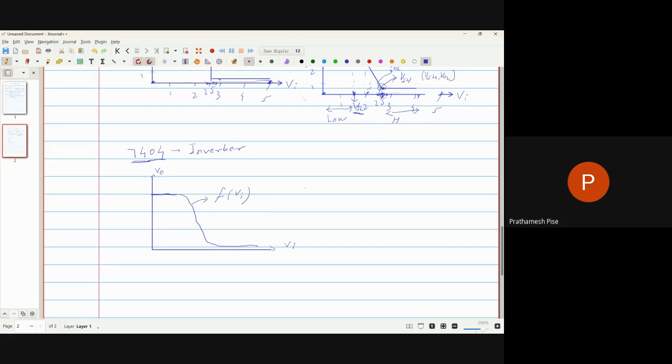Most of the time, if you know these kinds of functions, it is some a divided by 1 plus e raised to plus or minus, I forgot right now, but raised to the power of some a times Vin plus b. These functions exist in these formats in real life.